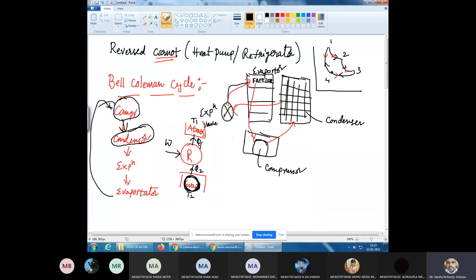In the condenser, the vapor loses its latent heat and it will be converted into liquid, right? And it will be high pressure and temperature liquid, right? So this high pressure and temperature liquid is allowed to pass through the expansion valve, thereby its pressure will be decreased, right?